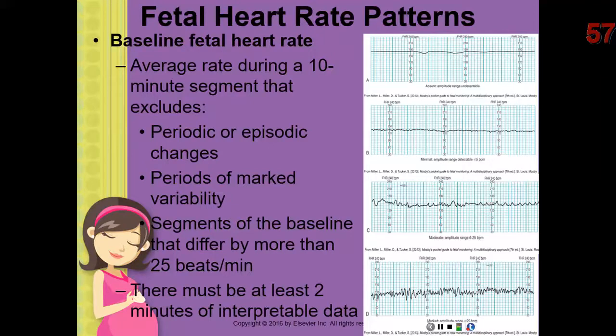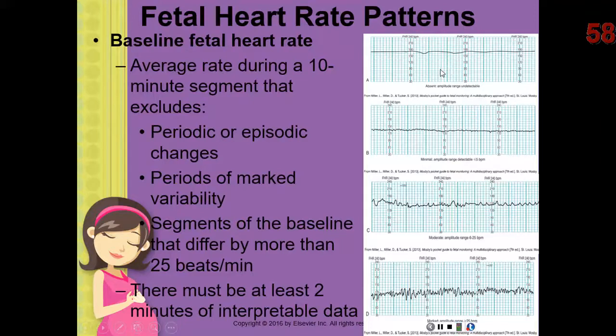We want to get a baseline, and the baseline fetal heart rate is the average rate during a 10-minute segment that includes everything. So we measure during 10-minute segments, and each one of these darker lines here, between here, that is a minute.